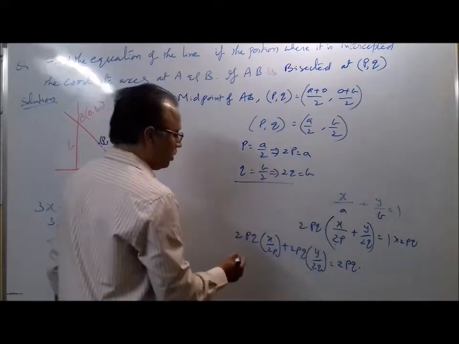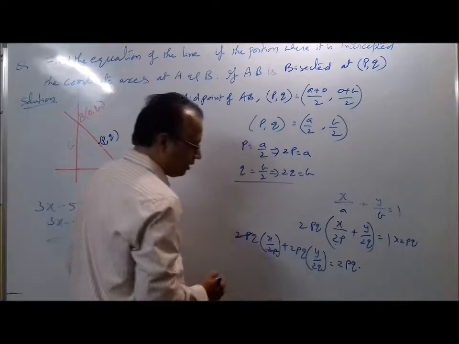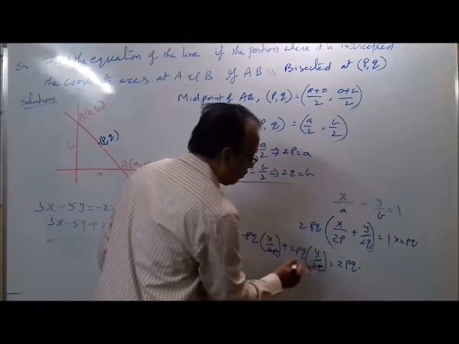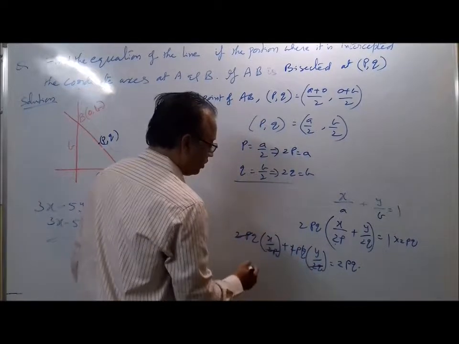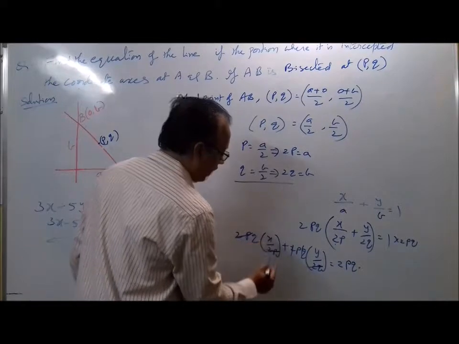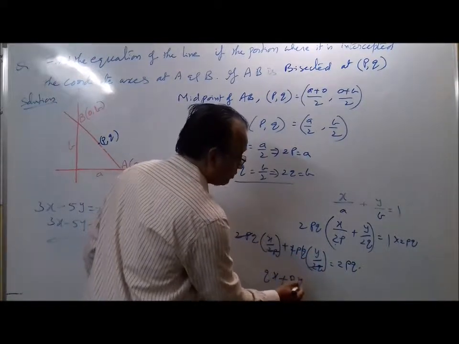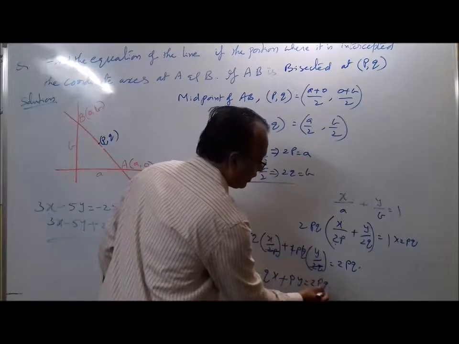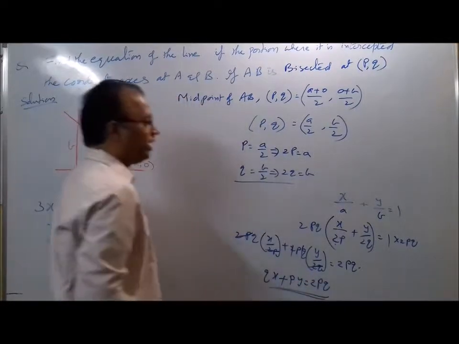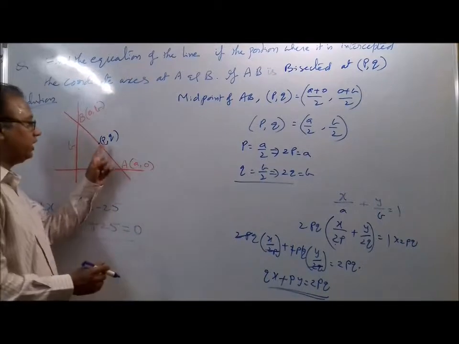So here 2p will cancel, here 2q will cancel. So q is there, so qx, here py is equal to 2pq. This is the equation of the line when it is bisected.